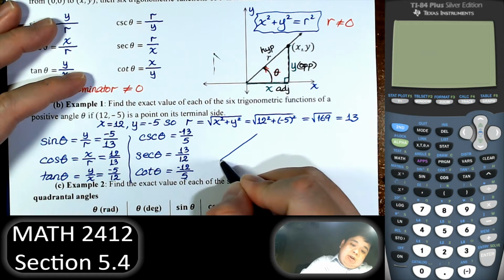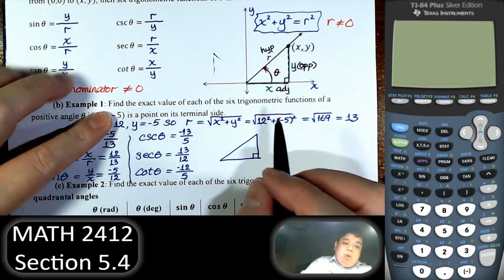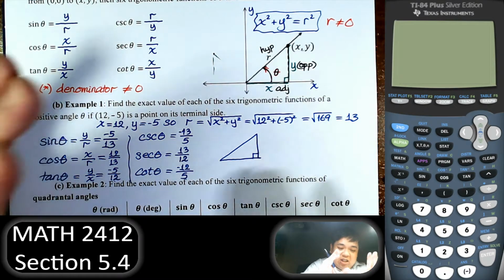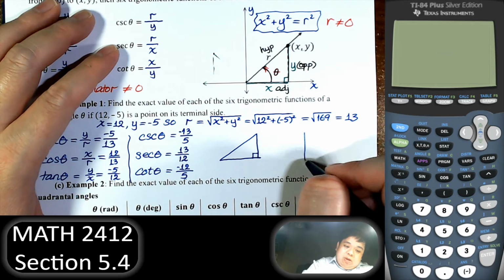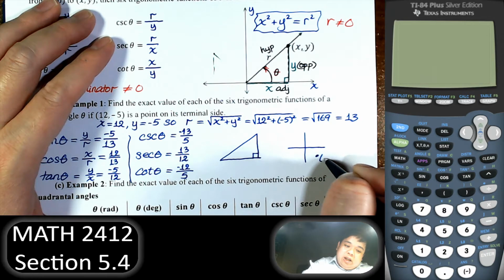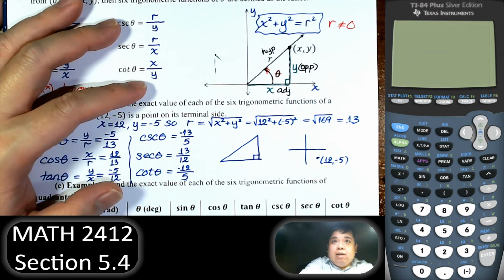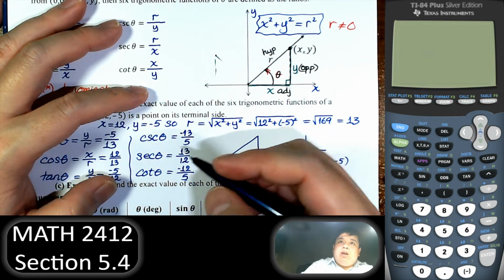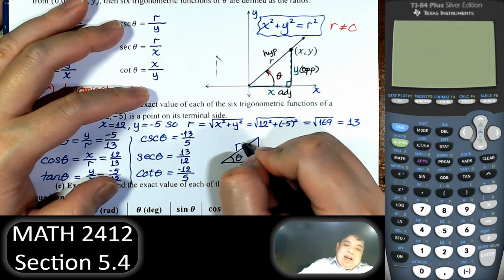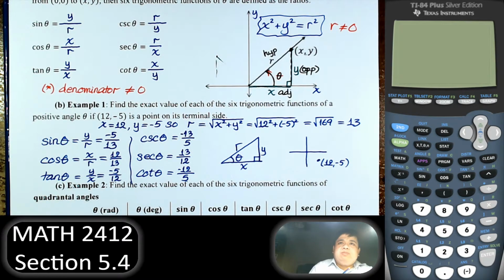Even though the point here has a negative y coordinate, x equal to 12, y equal to negative 5, and the point is in the fourth quadrant, we don't need to draw the triangle that way. Just to make it easy to visualize, we draw a triangle like this and use the opposite, adjacent, and hypotenuse to write in terms of x, y, and r.